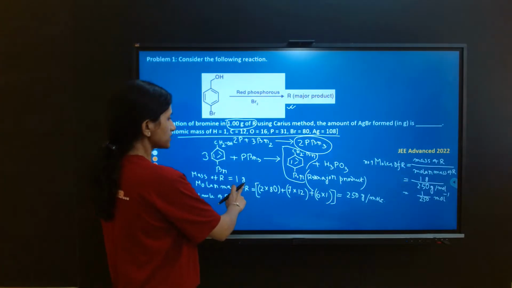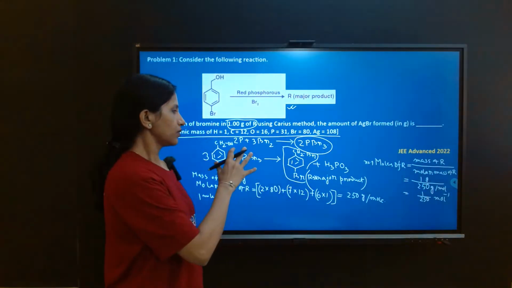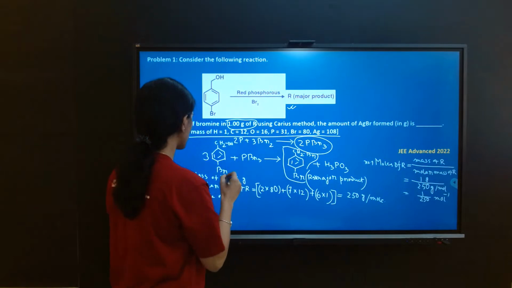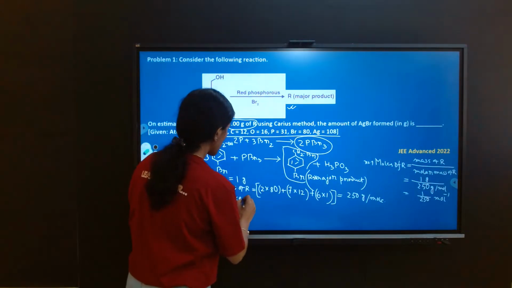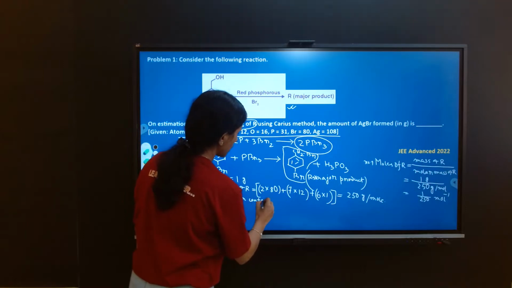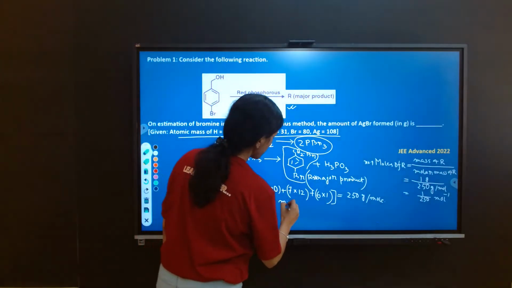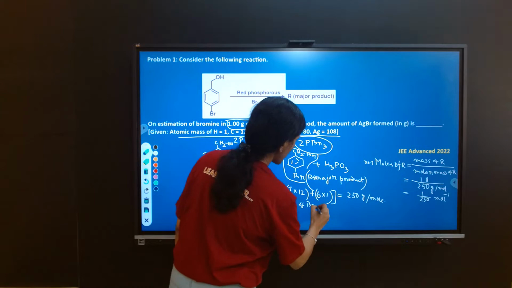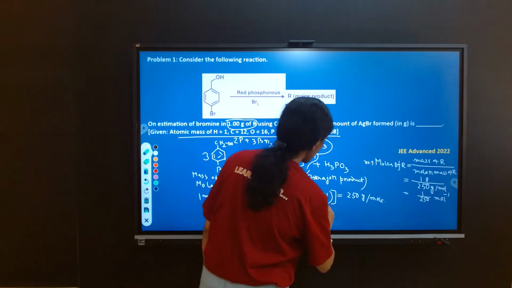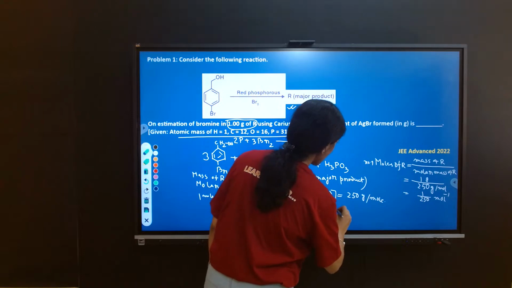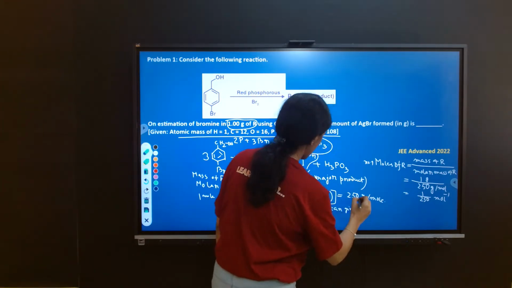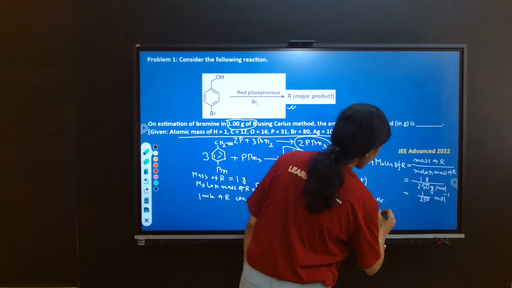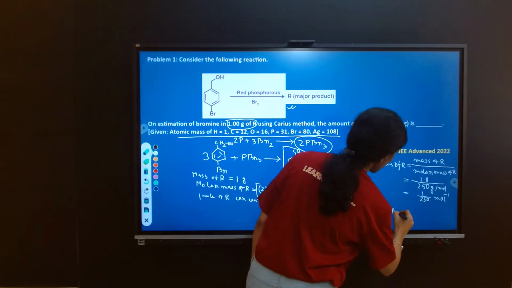So as we have already calculated the number of moles of R, and from the structure you can see that 1 mole of R contains 2 moles of Br, it can give 2 moles of AgBr after reaction, right?